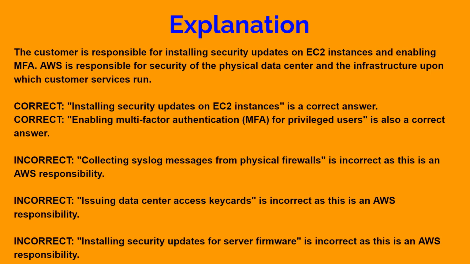Enabling multi-factor authentication, MFA, for privileged users is also a correct answer. Incorrect. Collecting syslog messages from physical firewalls is incorrect as this is an AWS responsibility. Incorrect. Issuing data center access keycards is incorrect as this is an AWS responsibility. Incorrect. Installing security updates for server firmware is incorrect as this is an AWS responsibility.